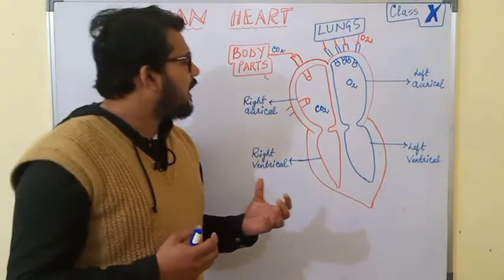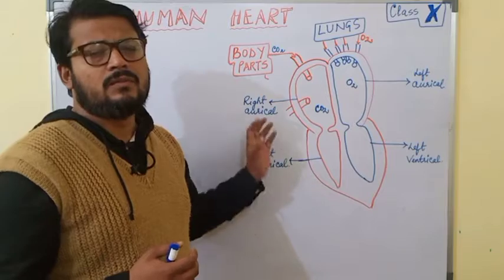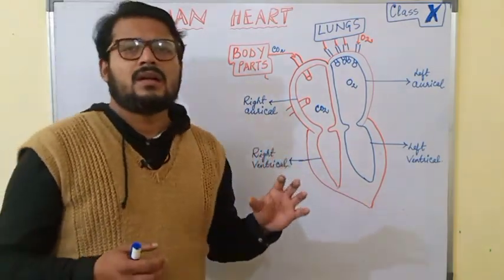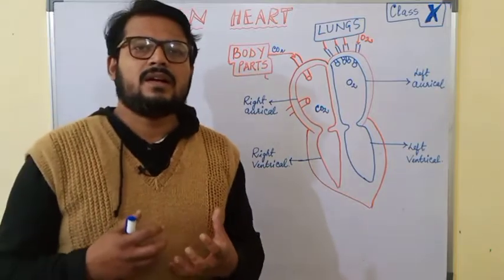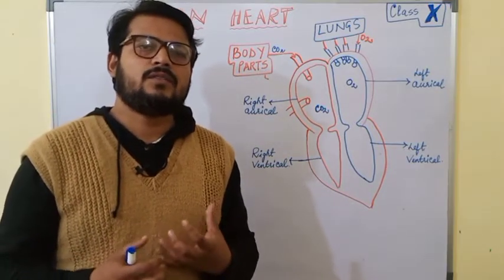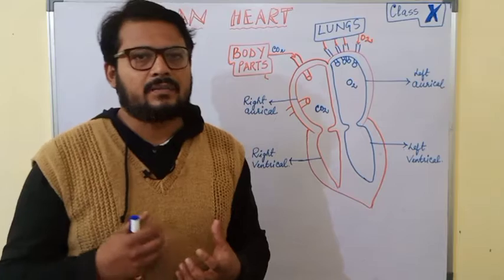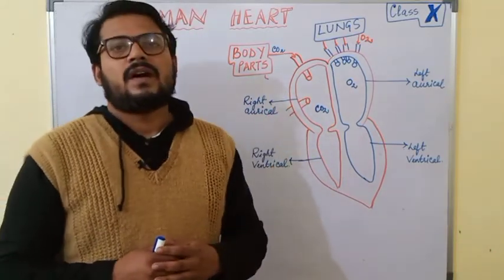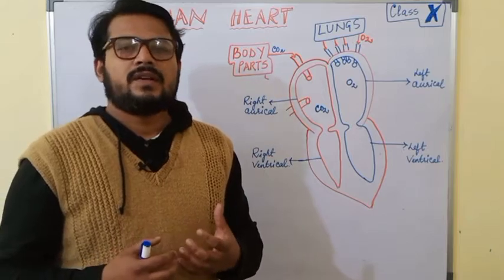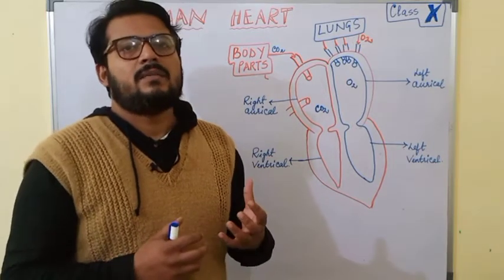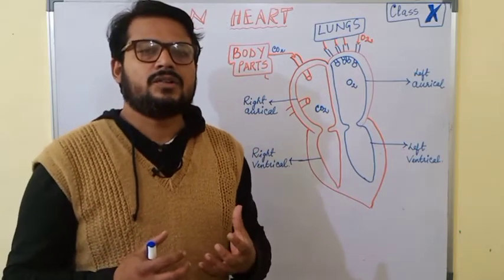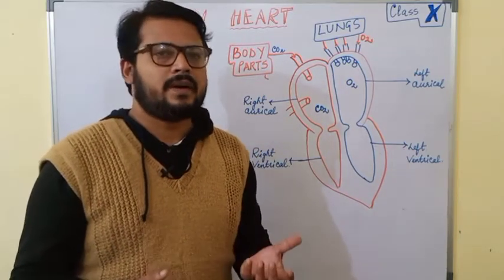Now we will try to understand how this whole system of our heart works, right? So first of all, we should know that our blood carries both the gases, oxygen and carbon dioxide as well. Our body parts are going to use the oxygen present in the blood and give back carbon dioxide. So the heart is going to accumulate the deoxygenated blood from all the body parts, right?